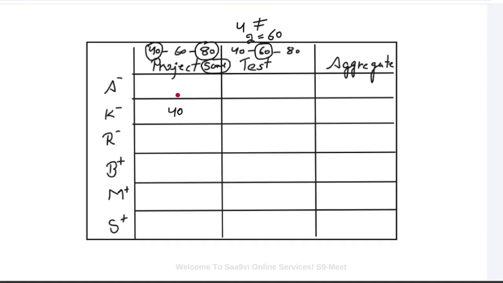This is 40, 80. And we know there are 3 groups. So whoever is grouping with K also got 40. Whoever is grouping with A also got 80. That means we have 2 80s, 2 40s. The total comes out to be 160 and 80, 240.